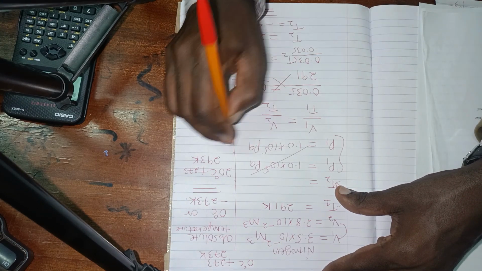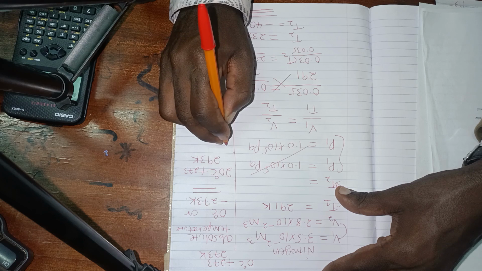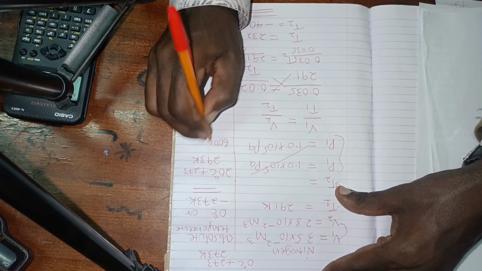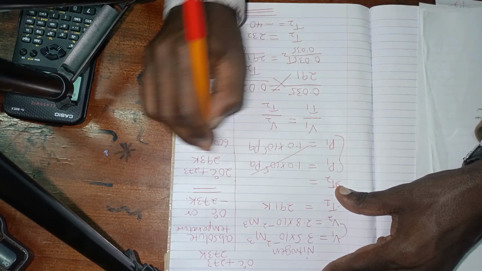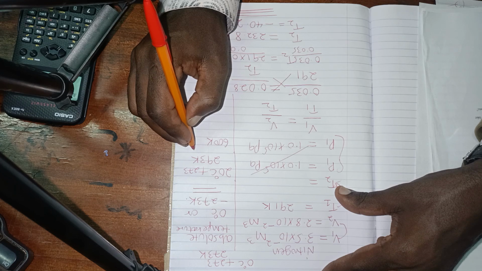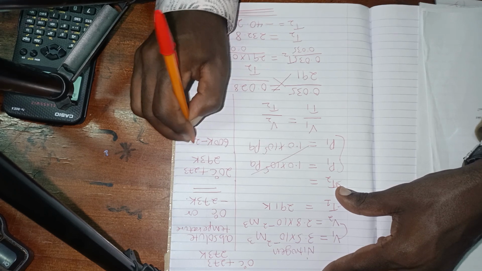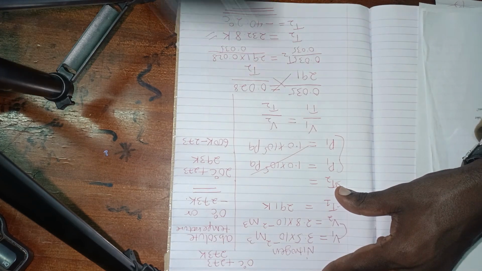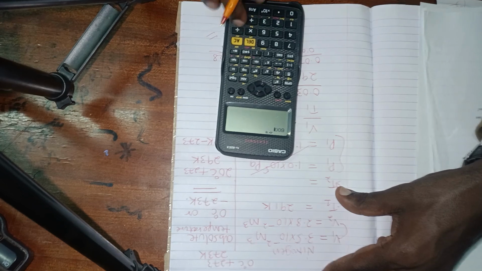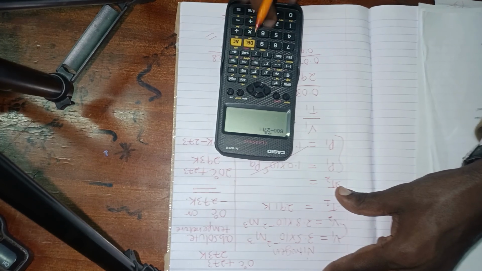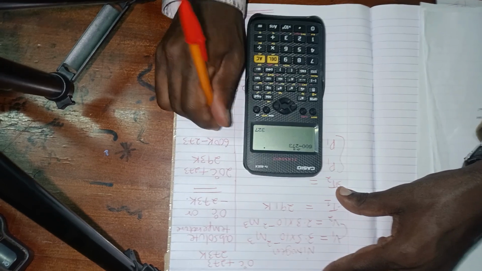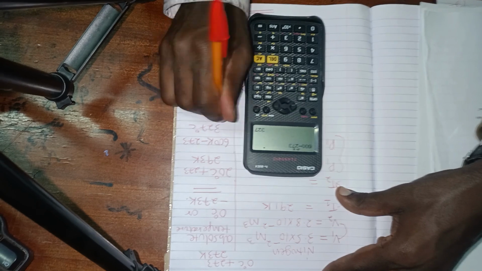And I may have a temperature like 600 Kelvin. And I want to change this into degrees Celsius. What do I have? I have to actually say minus 273. So that we have 600 less 273. We're going to have 327 degrees Celsius.